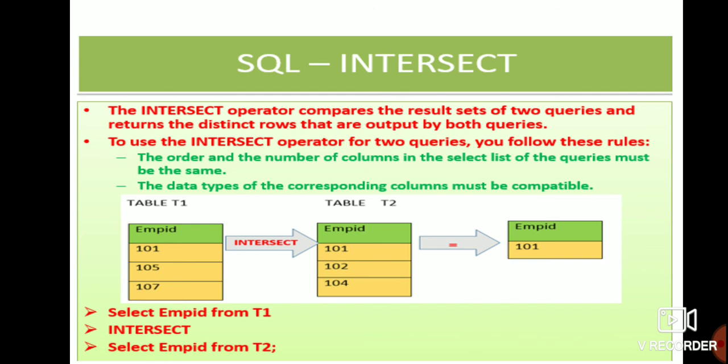You can see, in table 1, 101, 105, 107 are there, and in table 2, 101, 102 and 104 are there. So what is the common thing presented in table 1 and table 2? 101 is present, so you will get the output 101. The syntax has been mentioned: select employee ID from T1 intersect select employee ID from T2. Okay, thank you.